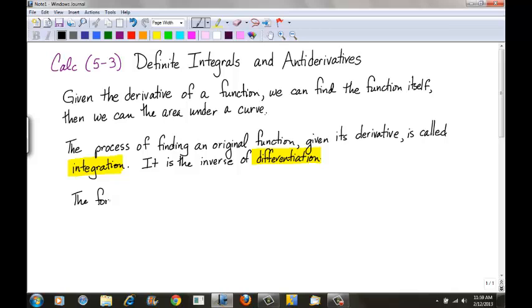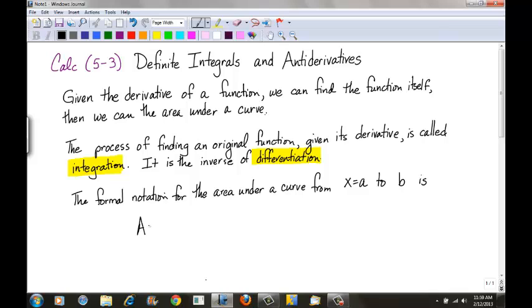The formal notation for the area under a curve from x equals a, and remember x equals a is always going to be the vertical line on the left, to b, and b is always going to be the vertical line on the right, is the integral, and it looks kind of like an elongated s.